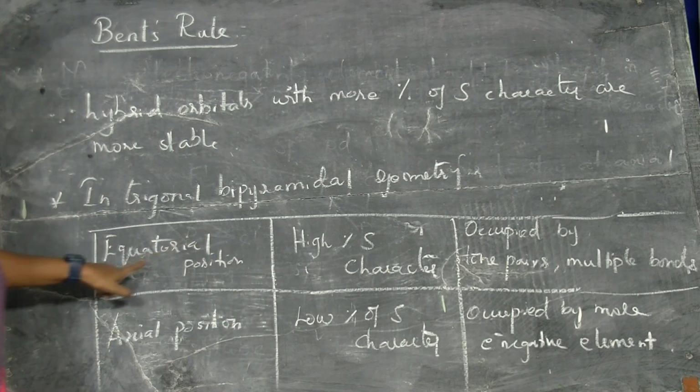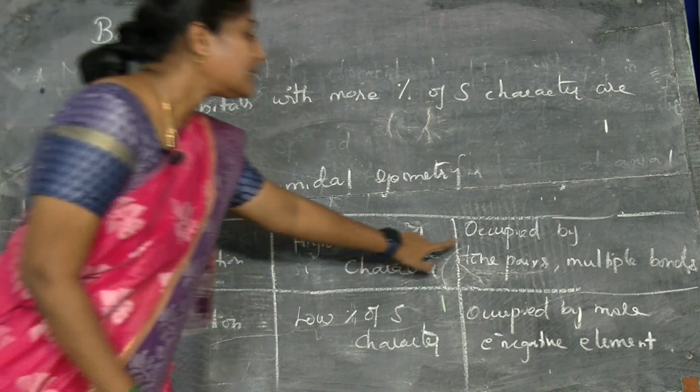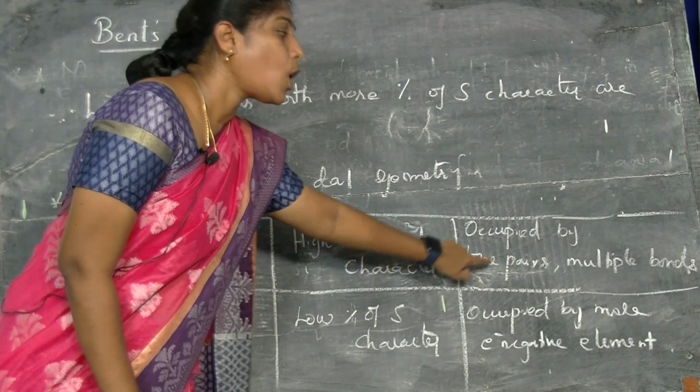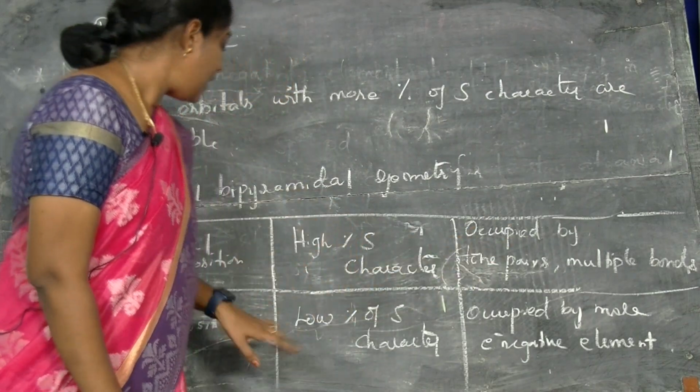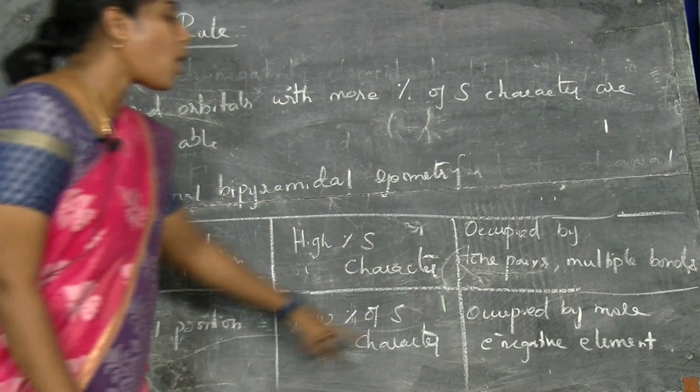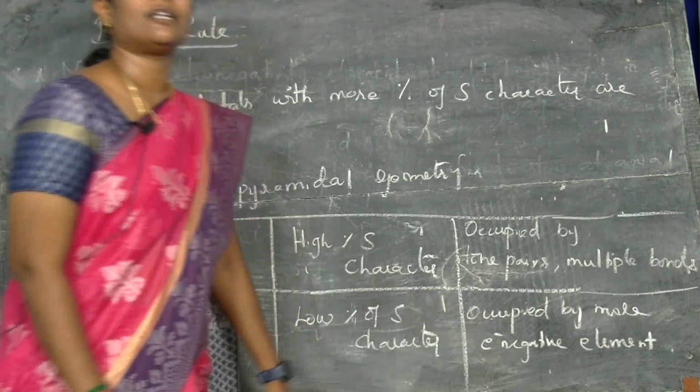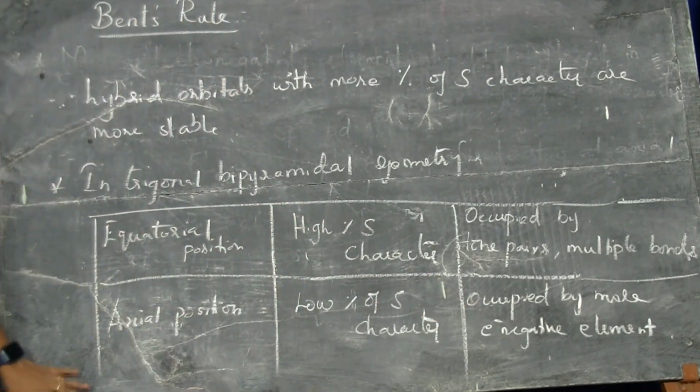The equatorial portion is occupied by lone pairs or multiple bonds, and the axial portion is occupied by the more electronegative element. Thank you.